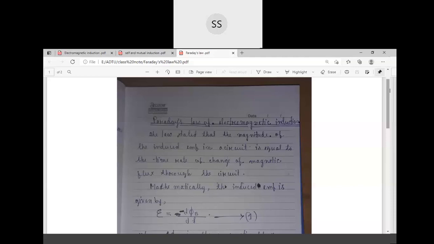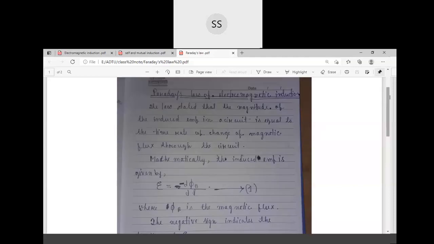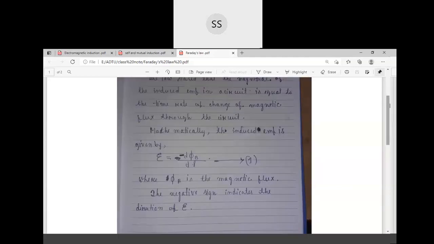So the magnitude of the induced EMF is equal to the rate of change of magnetic flux with time. Magnetic flux and magnetic field are basically a similar thing. Magnetic flux is actually the magnetic lines of force passing through a particular area, passing through a unit area. So magnetic flux and magnetic field are basically the same thing.